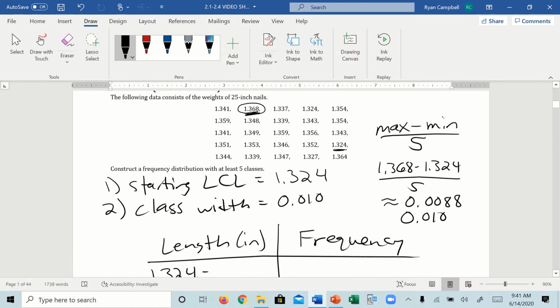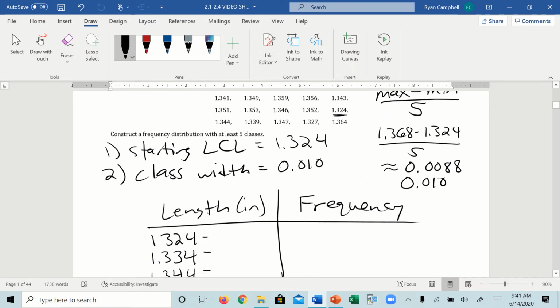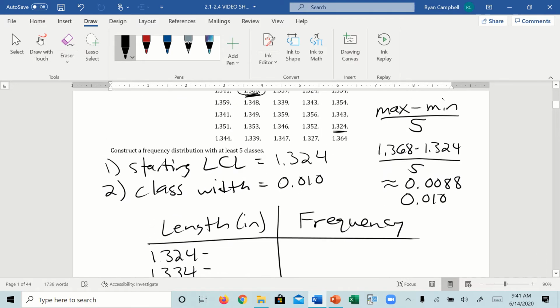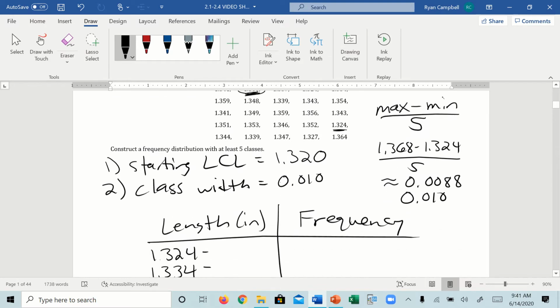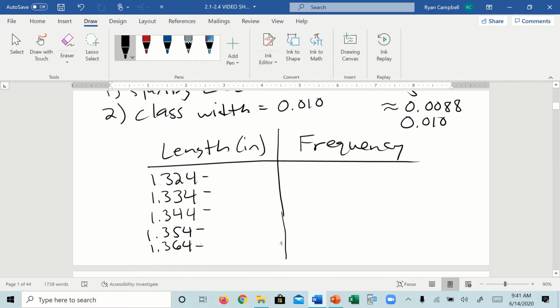Now remember, this is one way to do it. We could have done it another way, right? Remember, the starting class limit doesn't have to be the actual minimum. It can be, but if we want to make it simpler on us, we could just put a 0, right? Counting up by 10s is going to be way easier than counting up by 4s, or having those 4s there.